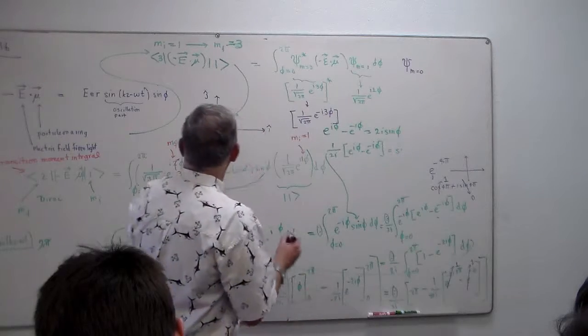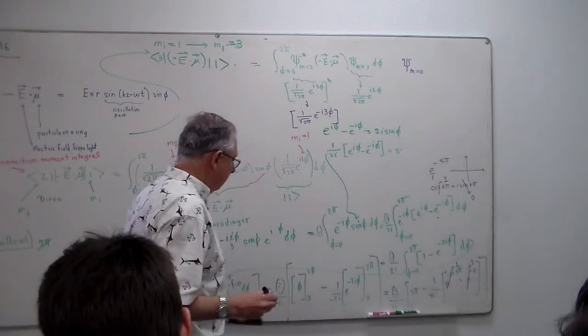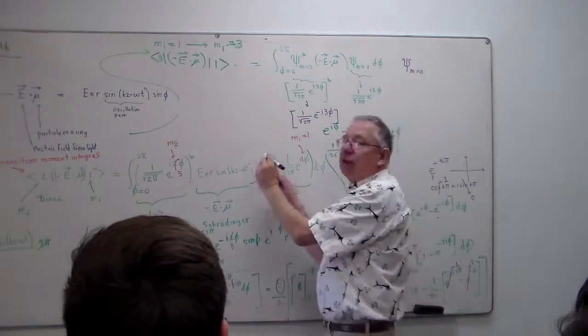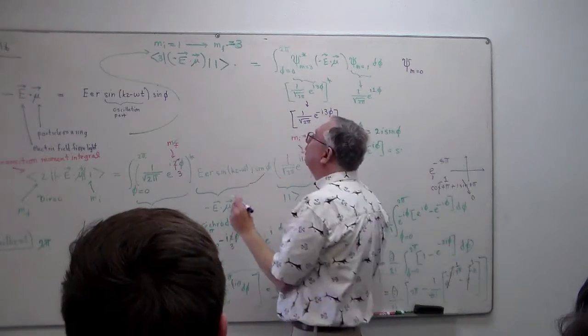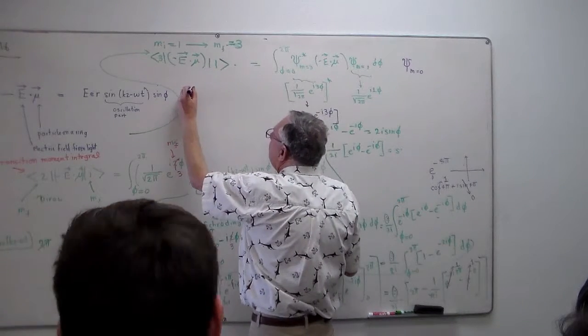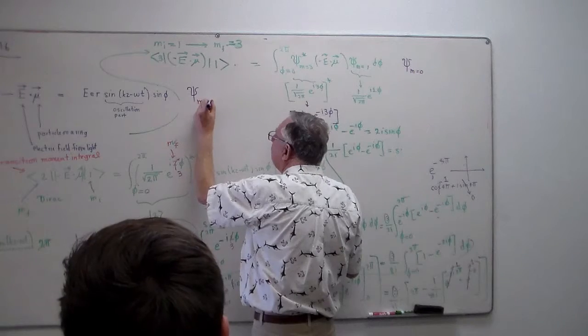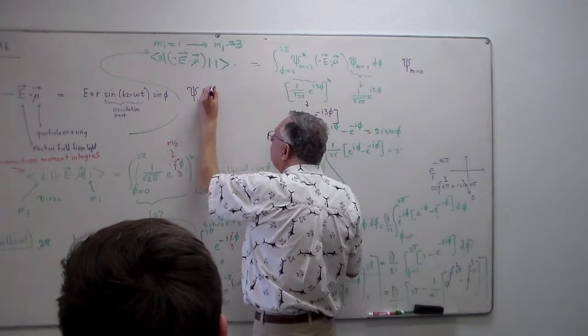Yes, you can. Okay, now, will this work? Yep, that's perfect. I am left-handed, so I'm going to start with the left hand. I want to know what psi m equals 0 of phi looks like.